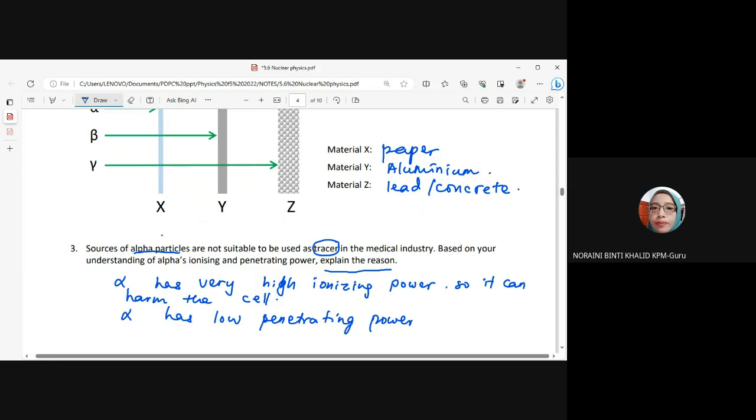So cannot be detected. Itu juga satu sebab. Kalau pakai kamera to detector.